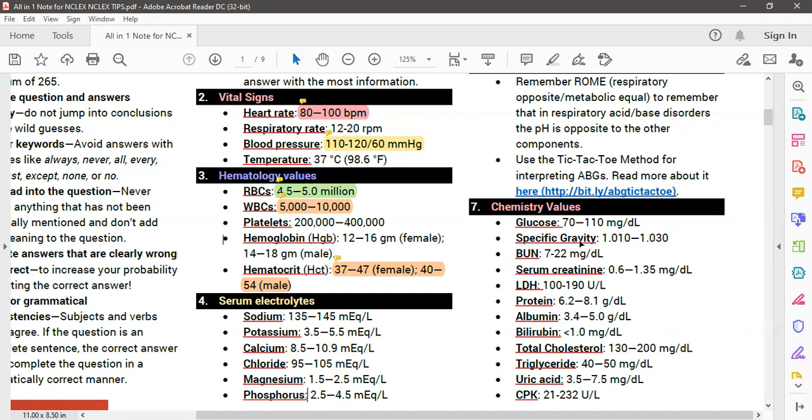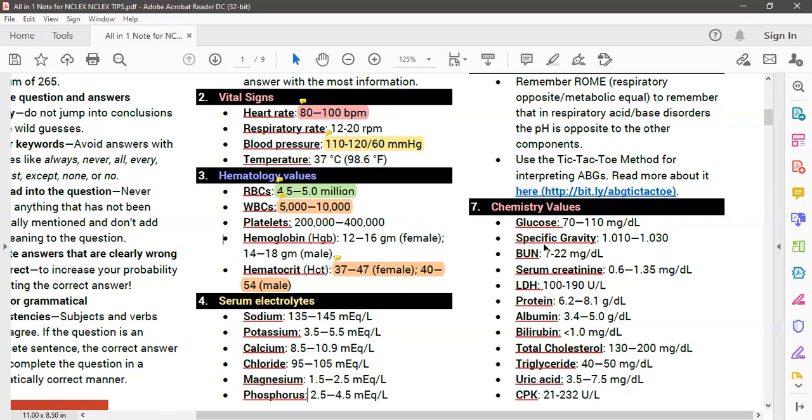Urine specific gravity is done to test the kidney function. So when we see the urine specific gravity not within the normal range, it indicates there's something wrong with the kidney, maybe. So we need to check the kidney function test like serum creatinine or BUN level.